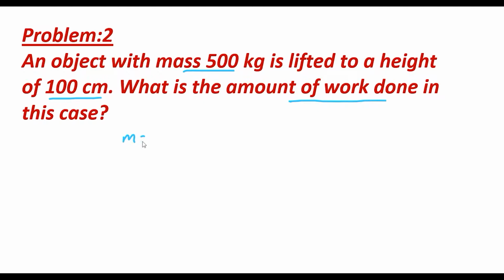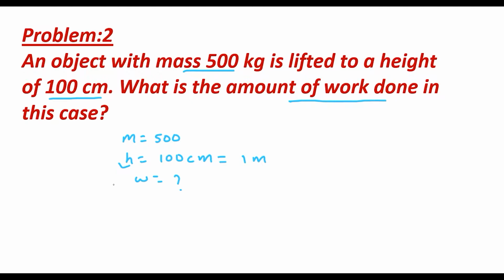Mass is given 500, and height is given 100 centimeter, and we have to find the work done. First of all, we have to change this to the SI system. The SI unit of height is meter, but it is given in centimeter. So we know that 1 meter equals 100 centimeters, so it becomes 1 meter.